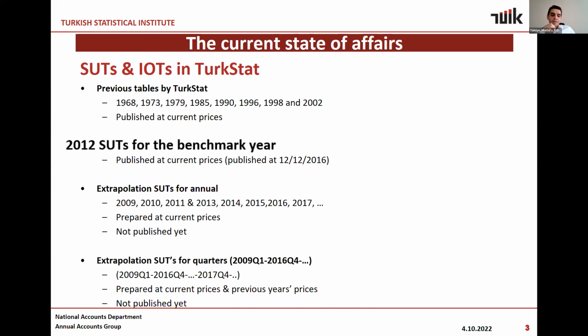And we are compiling extrapolated SUTs for annual and quarterly periods. For annual SUTs, we have only current prices, but importantly, they are not published yet. For quarterly SUTs, we have both current prices and previous year prices. Also, these tables are not published yet.